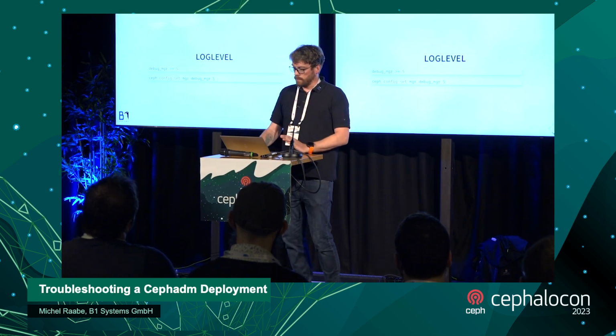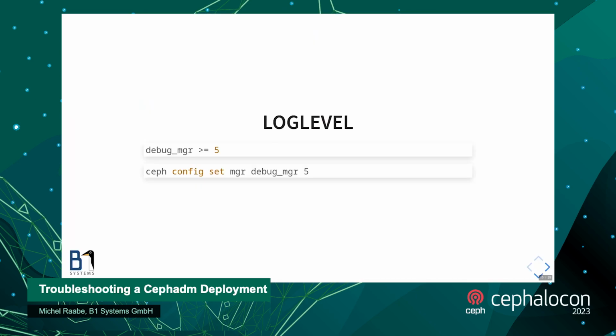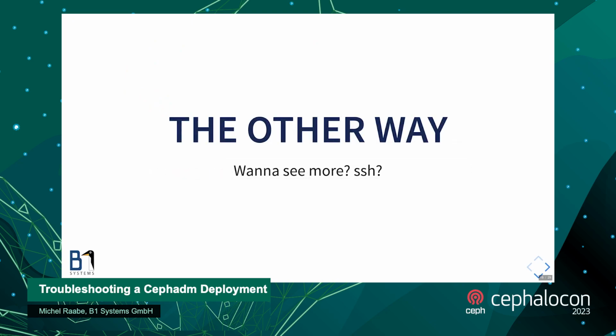That's all the stuff that comes with the default Ceph installation, or you can configure in the Ceph installation. There are some other ways, if you want to see more, if you want to see the SH command, or the container calls itself. So for example, if you deploy OSDs with cephadm, it spins up a container and creates all the stuff, logical volumes, PVs, and all the stuff inside the container.